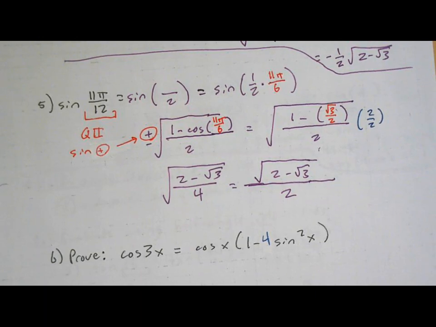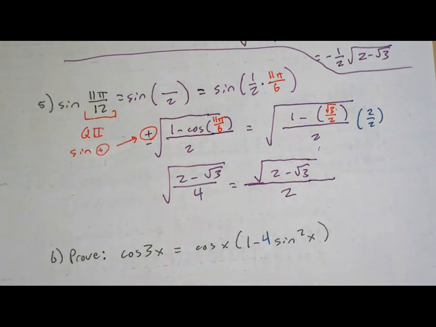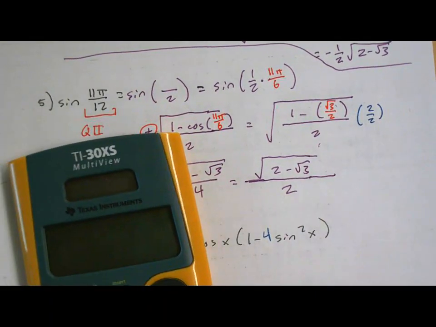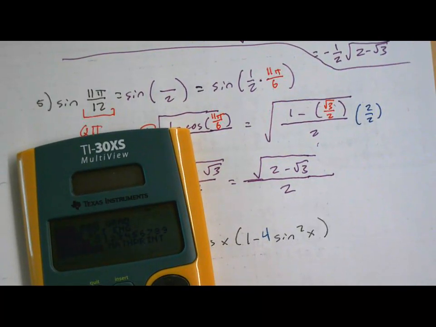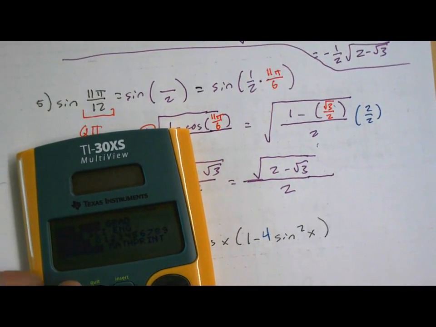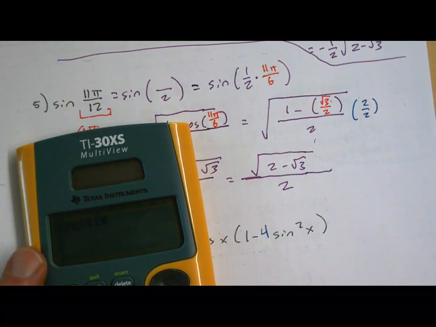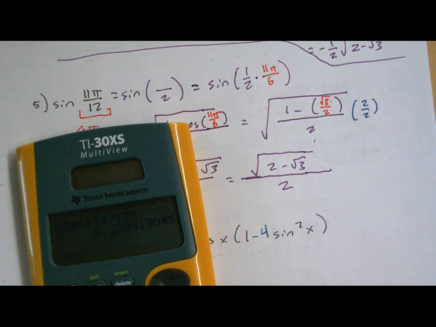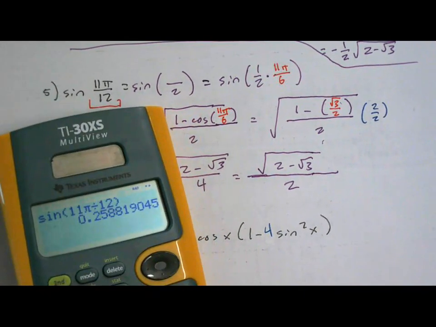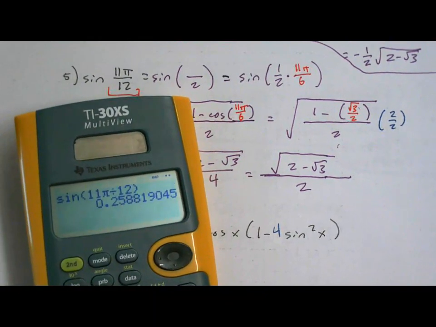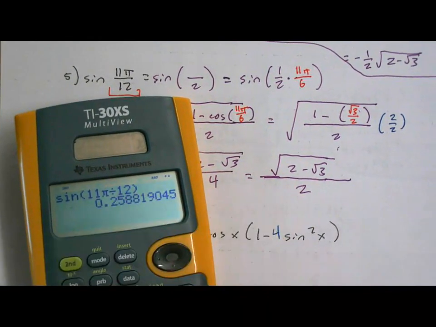We didn't check the last one, but I want to check this one, so I need to make sure I'm in radian mode this time. I'm going to type in the sine of 11 pi over 12 first. And then I'm going to type in my fun little answer here.